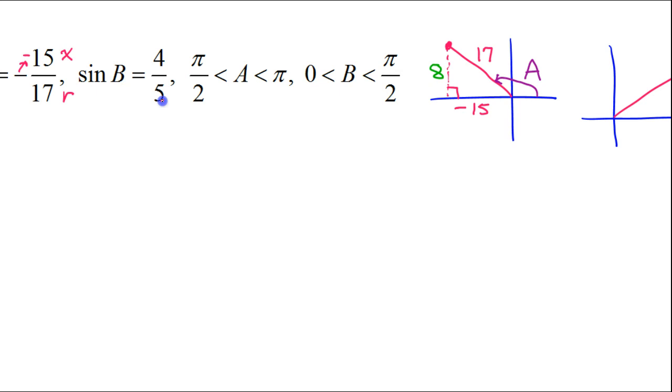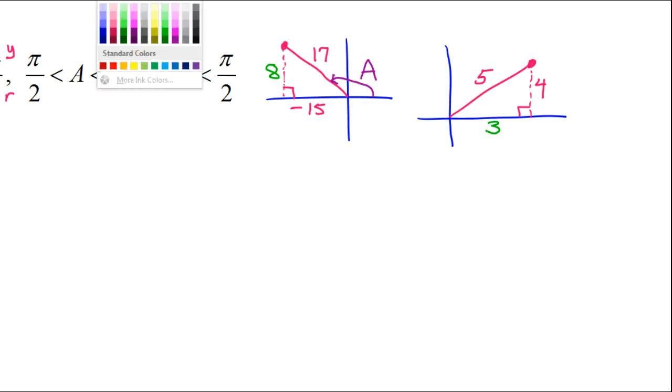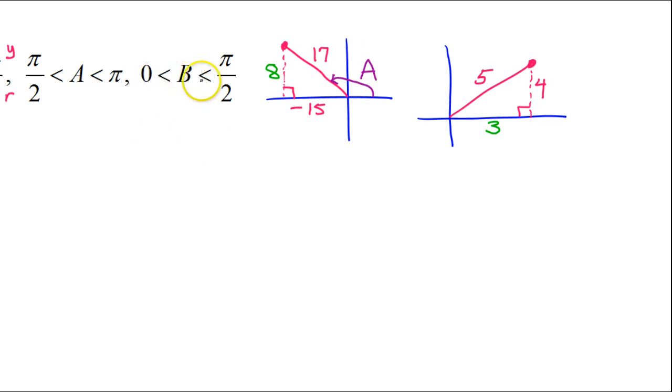Sine B is 4 over 5. Sine is y over r. So the 4 goes here and the 5 goes here. This is clearly the famous 3, 4, 5 Pythagorean triple. So I know that the x value is going to be 3. And this is angle B that we are drawing a diagram of. So I'm just going to remind ourselves that this is angle B.